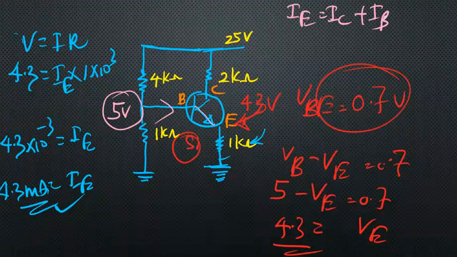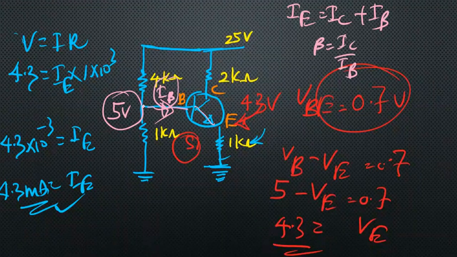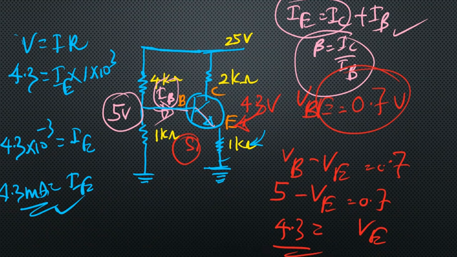Here IB is this current, and we cannot find IB because no data is given for that, no resistor is given, nothing. Or else beta also is not given, the current gain is not given.